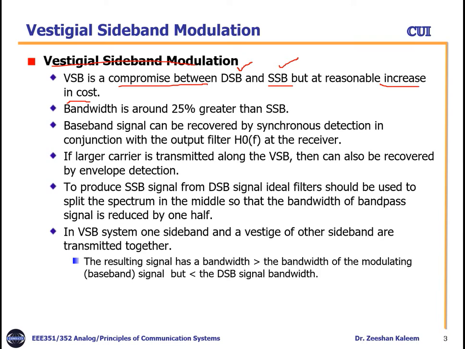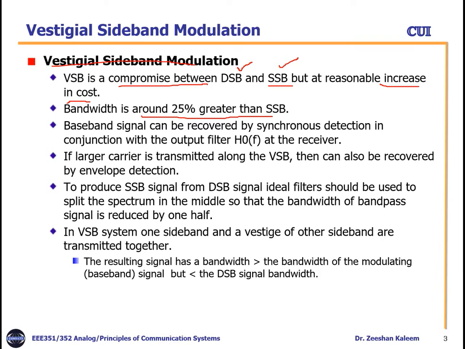Due to the vestige, a portion, we call it a vestigial sideband. And its bandwidth is around 25% greater than the single sideband. For example, if SSB takes a bandwidth of 1 hertz, then VSB will take around 25% more than the SSB bandwidth. So it is not as bandwidth efficient as compared with SSB, but it's a more practical scheme.